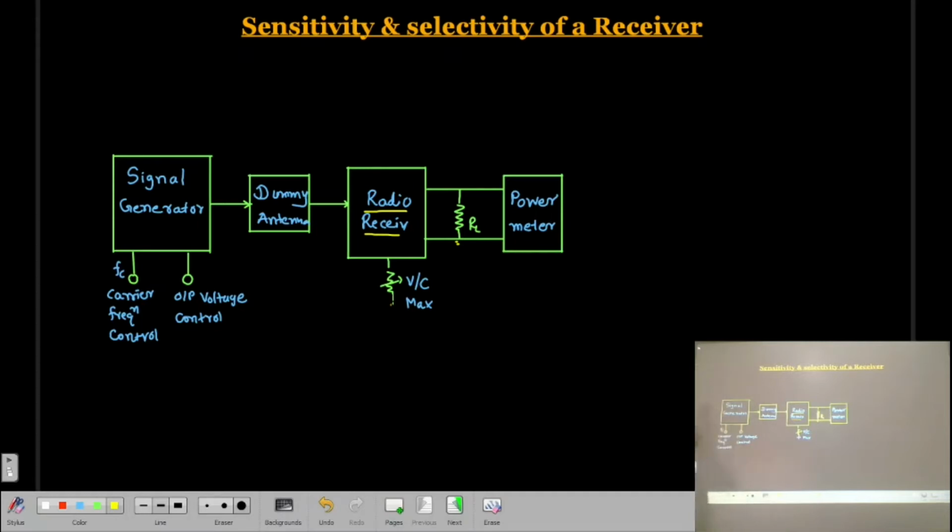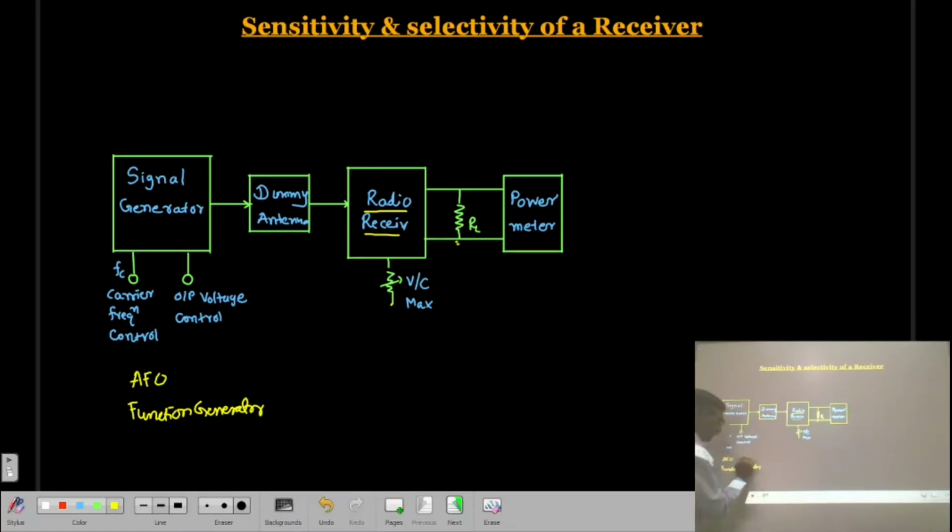Now, at the input, we have to connect a source. So here the signal generator is connected. Now remember that in the laboratory, we can have an AFO, a function generator, and a pulse generator, but these instruments you cannot use for measuring the sensitivity.